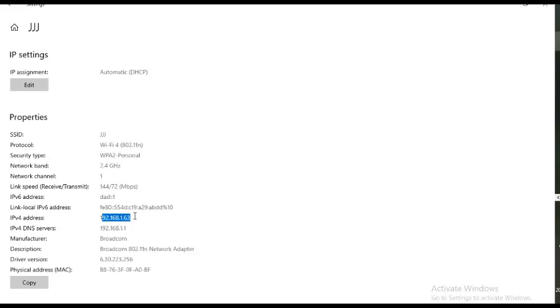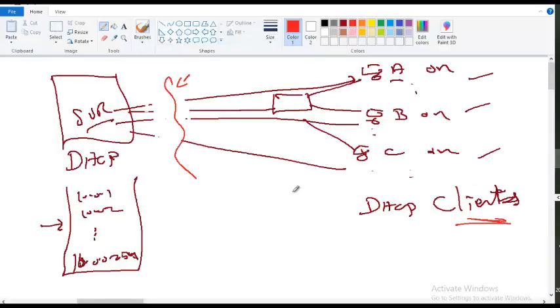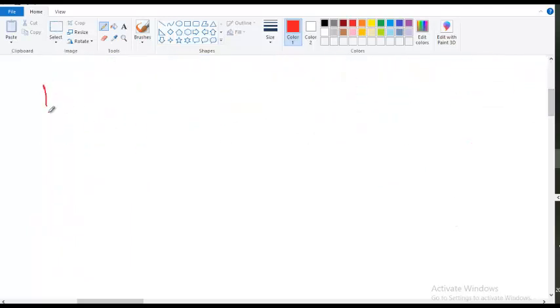Instead, what you will see, instead of this valid IP, this class C IP address, you will have an IP address in this range, 169.254, dot maybe some number like this. It can be any number.